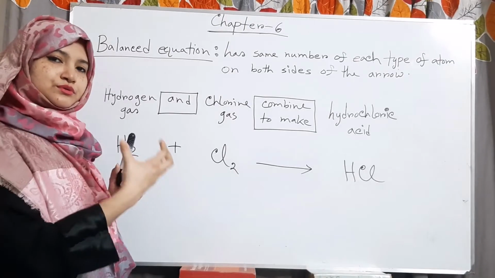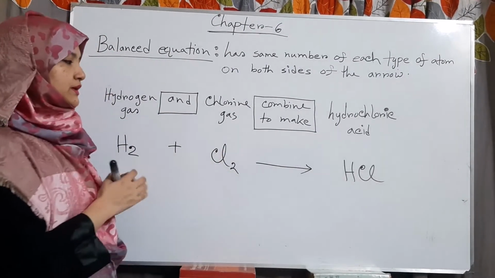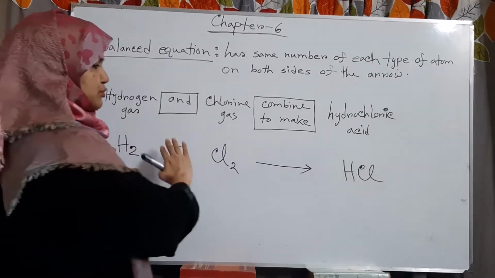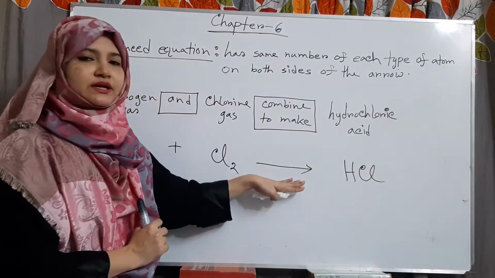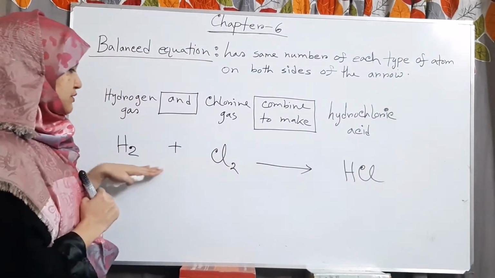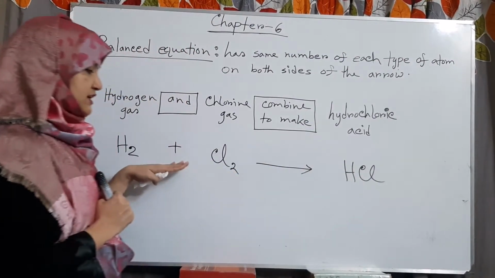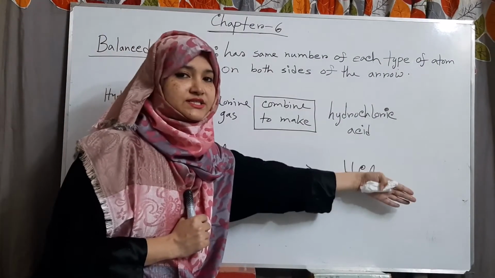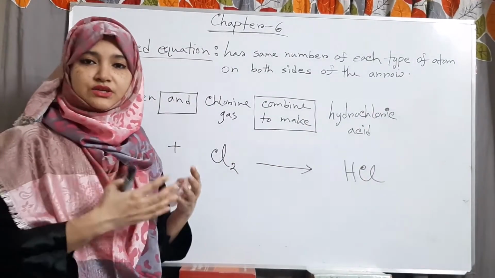Between reactants and products we have to put an arrow mark. That means reactants are on the left side, products are on the right side, and in the middle an arrow sign, or sometimes an equal sign.